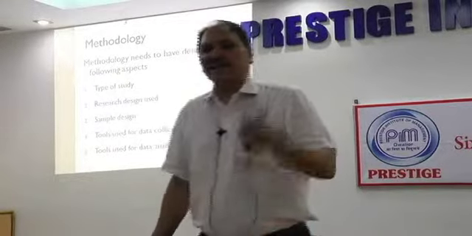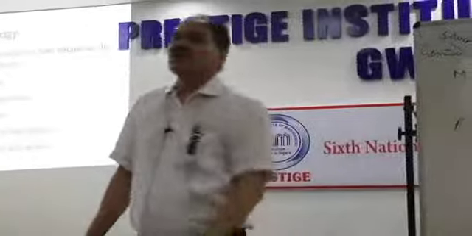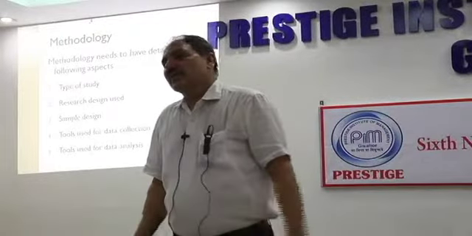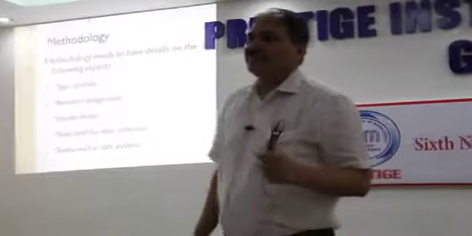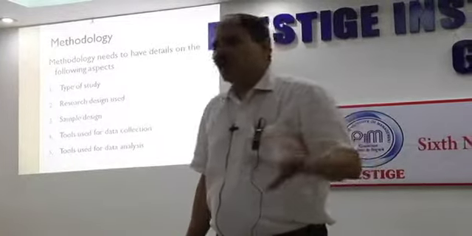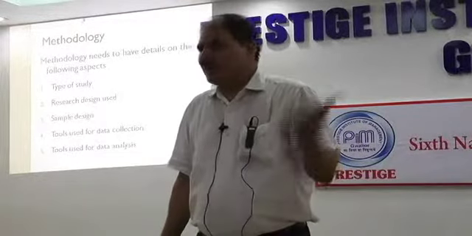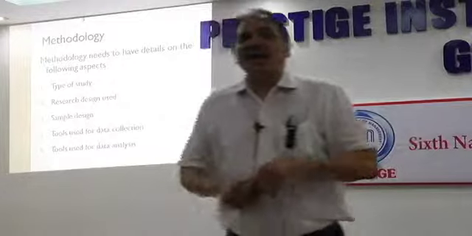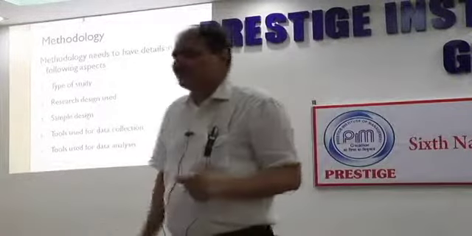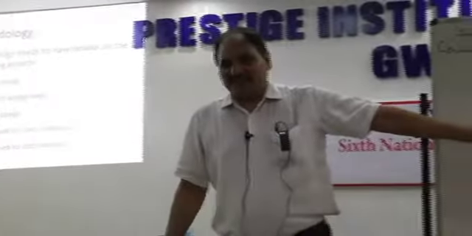Say you are doing a study in a manufacturing organization, and you have taken gender as one of the variables. But you would find in manufacturing not more than 5% would be female. In the majority of, not all, but the majority of manufacturing organizations, you would find females 5% or less. How can you have 50% male, 50% female in such samples? But you need to write that justification.